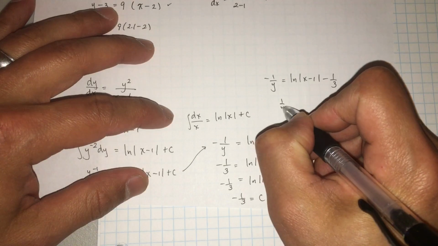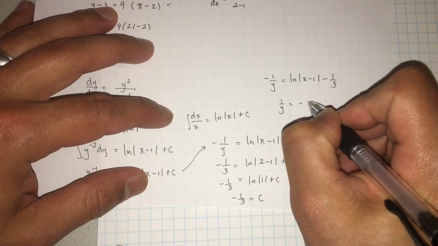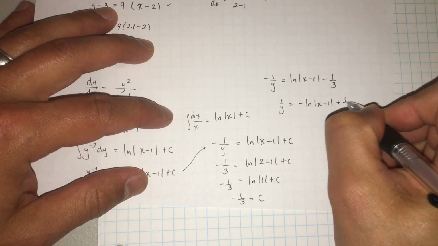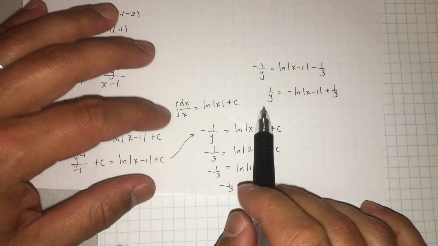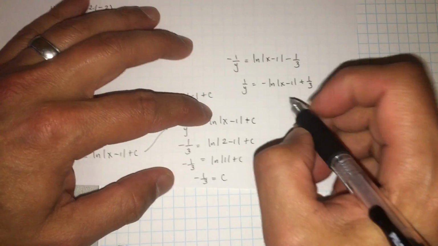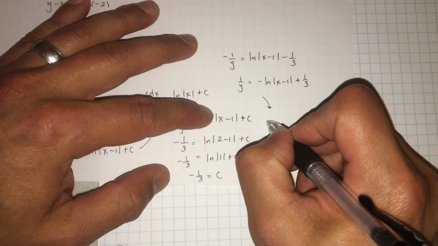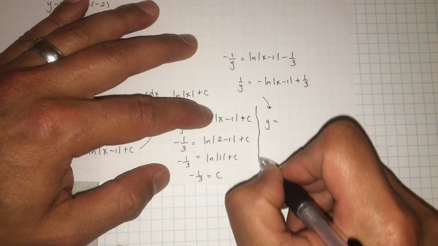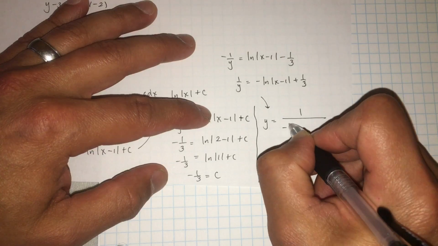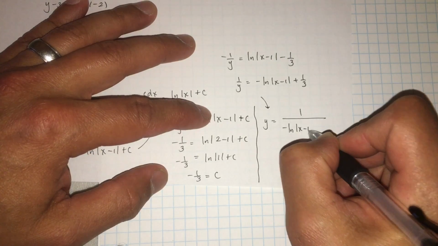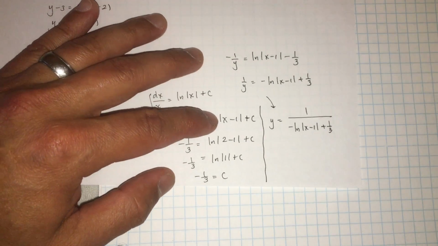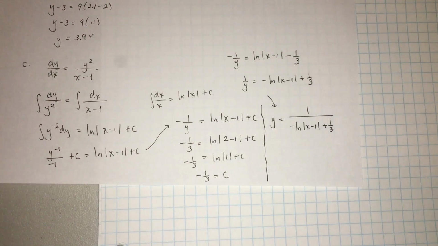So we're going to have 1 over y is equal to negative ln of the absolute value of x minus 1 plus 1/3. Now the trick here, guys, is just to do the reciprocal. Flip this whole thing over. So that's going to give you y is equal to 1 over negative ln of the absolute value of x minus 1 plus 1/3. And just leave it like that because that's perfectly acceptable and I'll give you all the points.